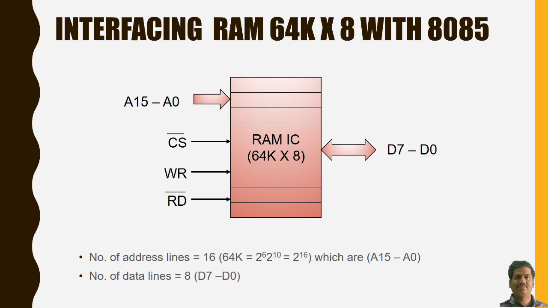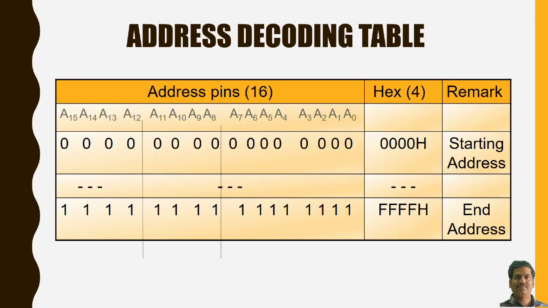So 2 to the power n is equal to 2 to the power 16, so n is equal to 16. So the address lines are varying from A0 to A15. Thereafter CS bar, WR bar, RD bar signals are required, and bidirectional data lines D0 to D7 are to be interfaced to the microprocessor. Let us see the address decoding table.